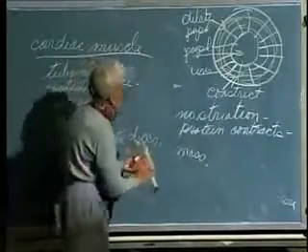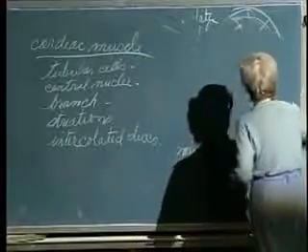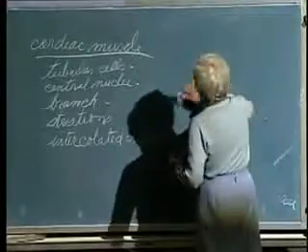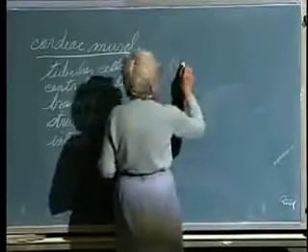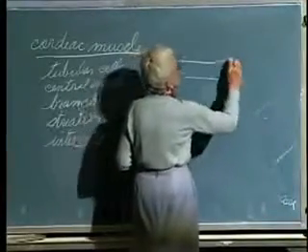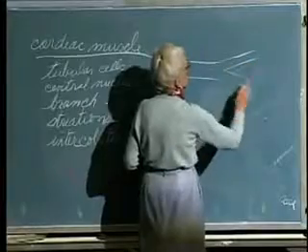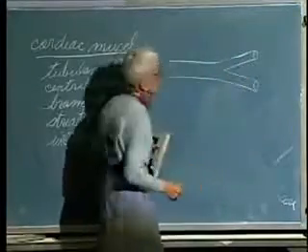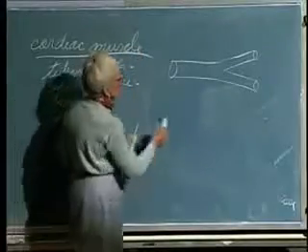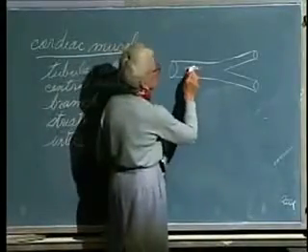So let's see an example of cardiac muscle then. We'll have a tubular cell. It's going to come along and it's going to branch. It will have central nuclei.